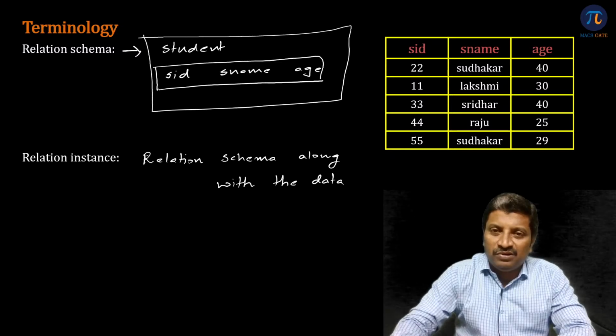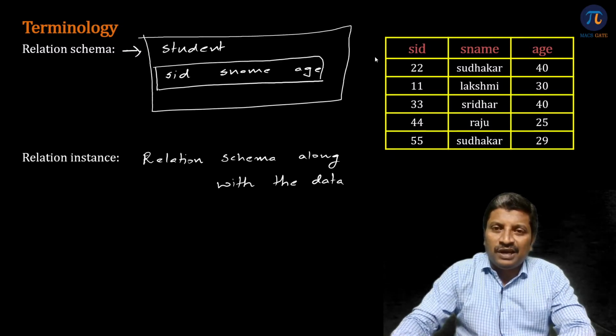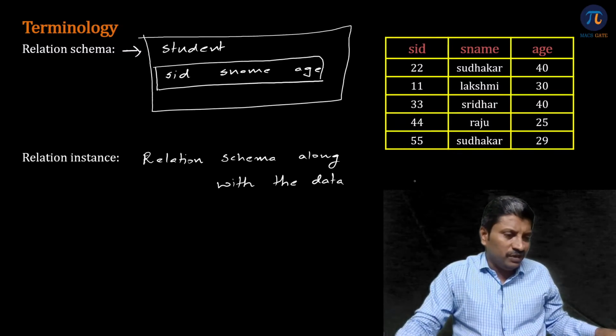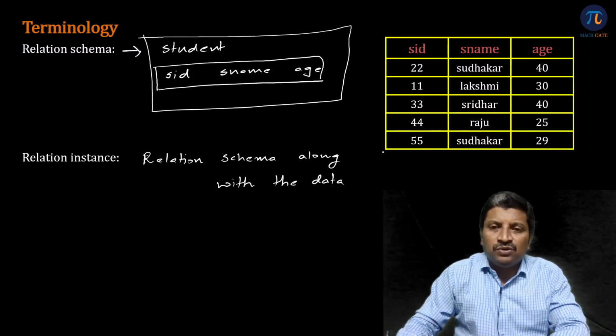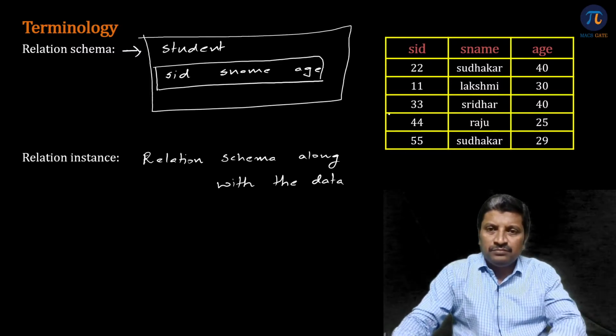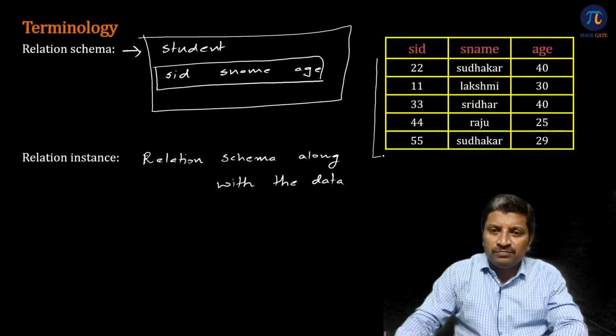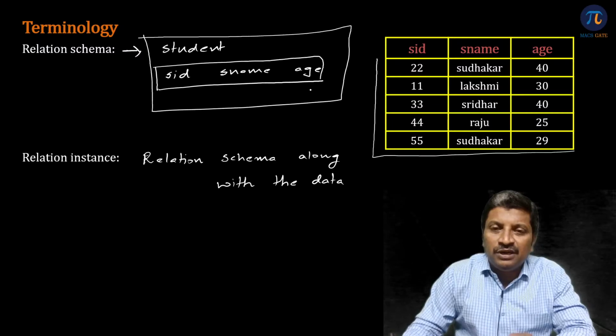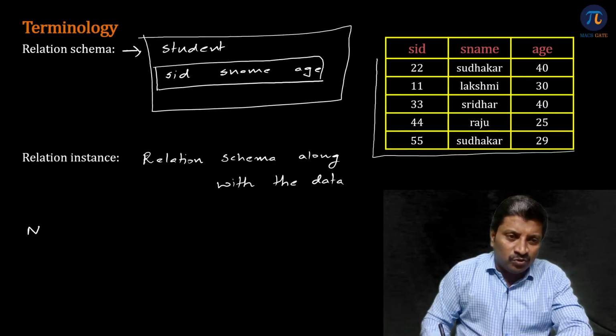In this example, if we consider the entire table, that is a relation instance. Now one important note.